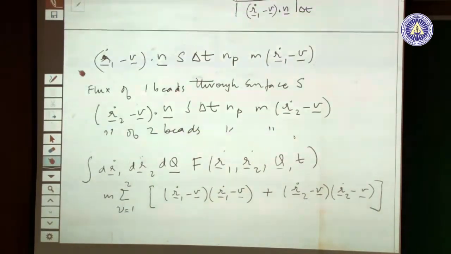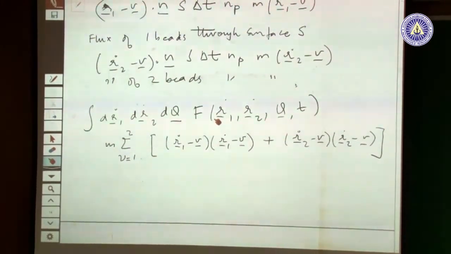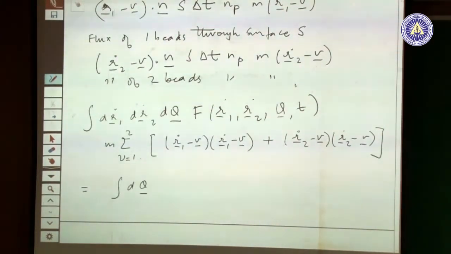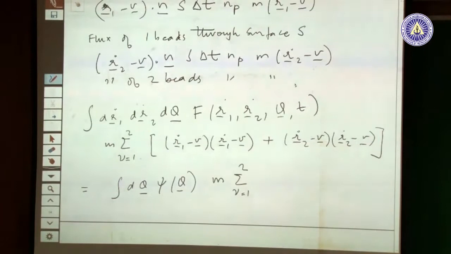Now, you recognize that this can be broken up into psi times the momentum distribution function times the configurational distribution function, and I can do the integral of these over the momentum distribution function, and so this would then become integral dq psi of q of m sum over nu equal to 1 to 2 of, I have got the m.